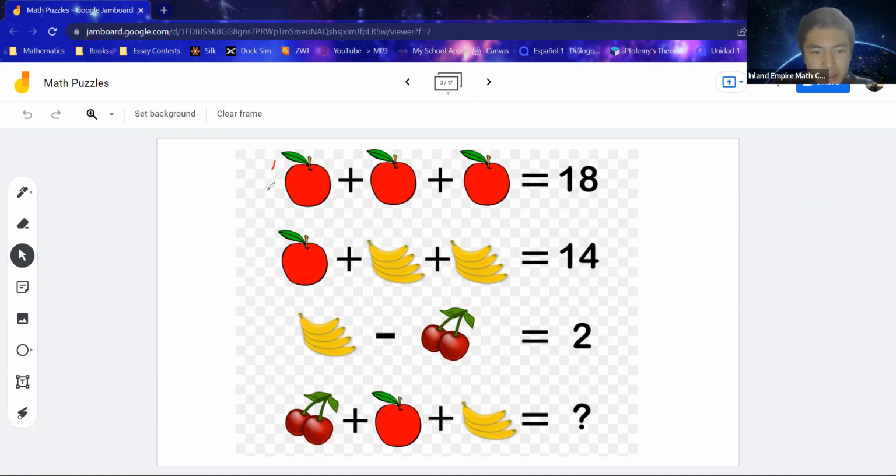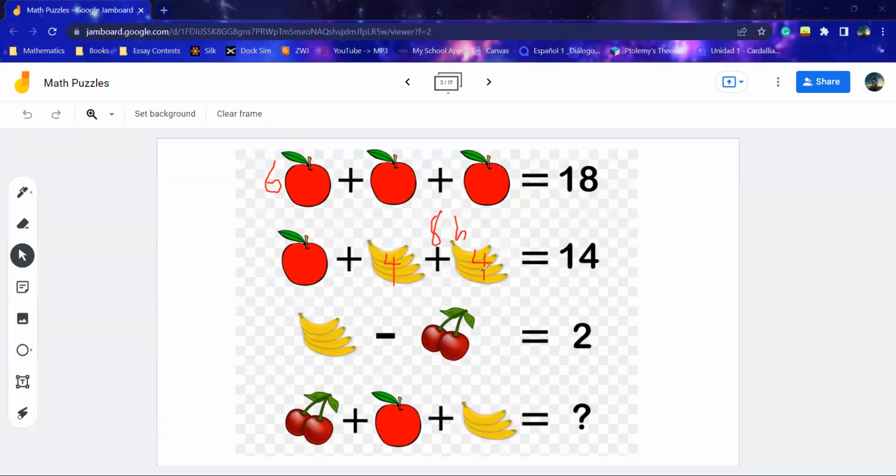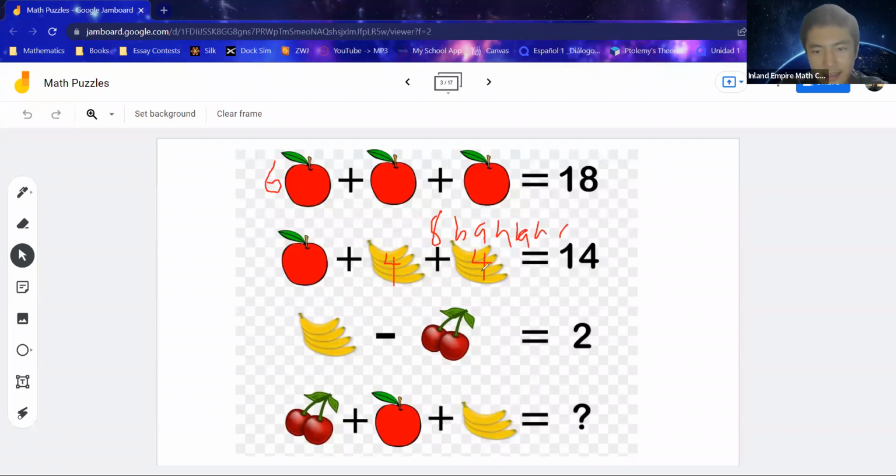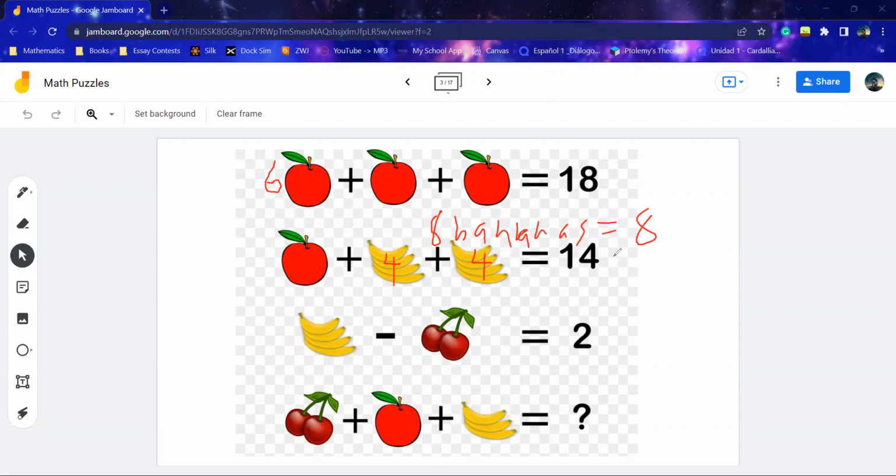Well, we still know the apples equals 6, right? Yes. Since the apples equals 6, we know that 4 plus 4 equals 8 bananas. Bananas equals what? Equals 8, right? Yes. So someone tell me what 1 banana is. 1. That's correct. 1 banana is 1.